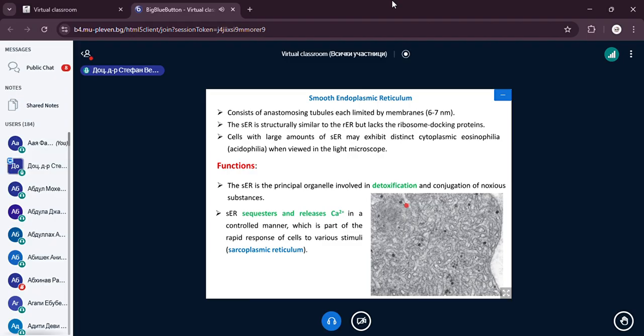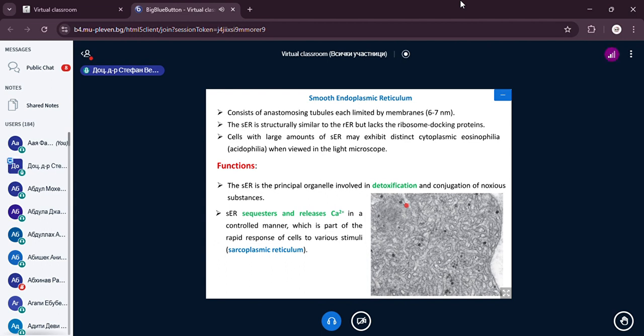Because smooth endoplasmic reticulum lacks ribosomes, and ribosomes are rich in RNA, which is an acid, ribosomes and rough endoplasmic reticulum are basophilic and attract basic dyes because of the presence of ribosomal RNA. But here there are no ribosomes, and smooth endoplasmic reticulum is not basophilic, it is acidophilic.